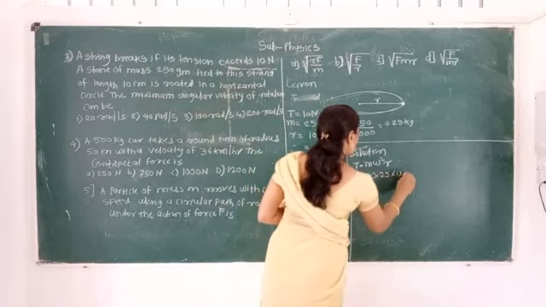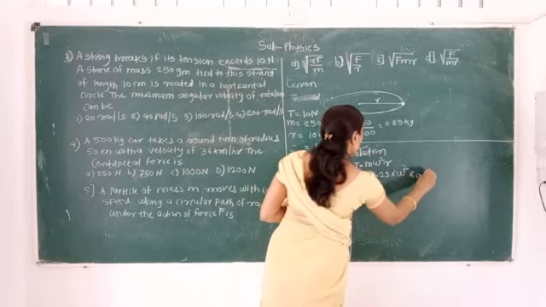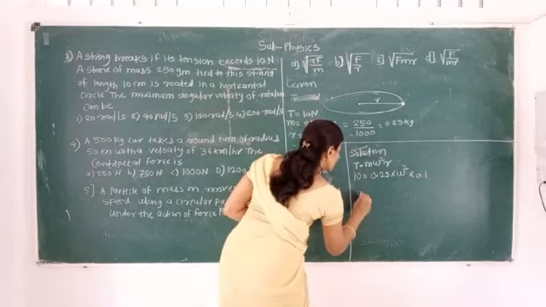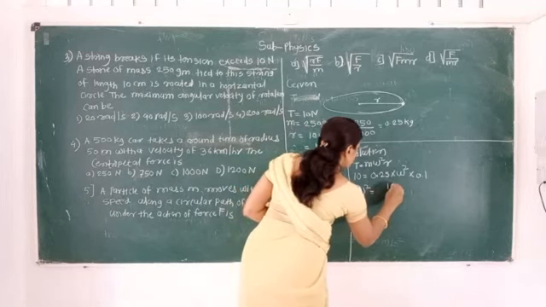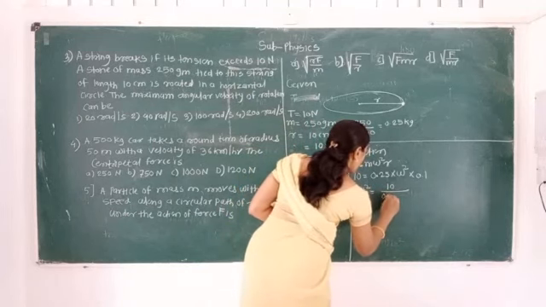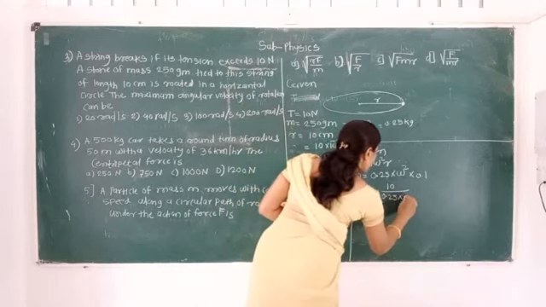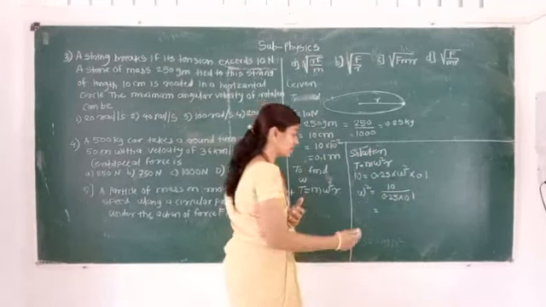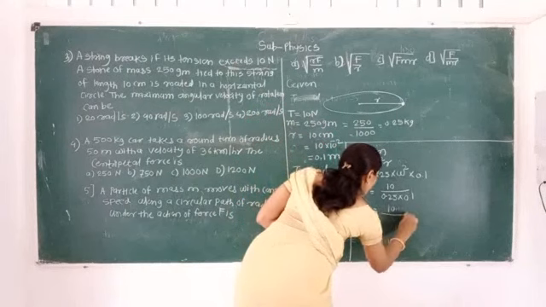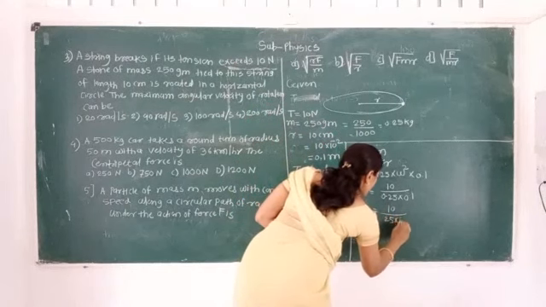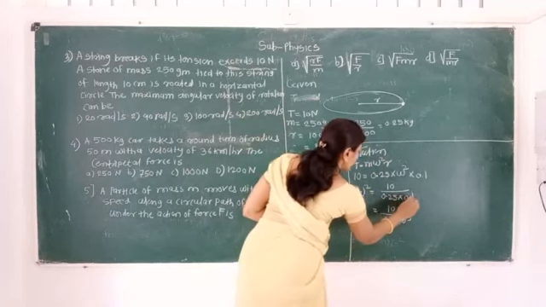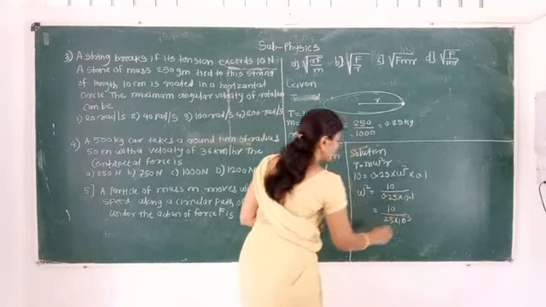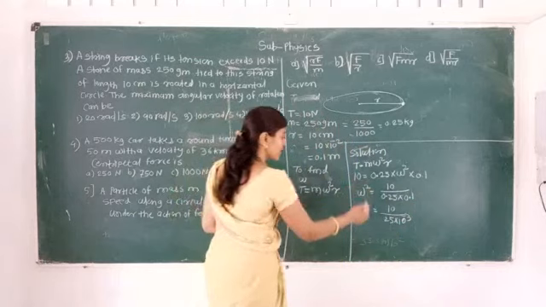10 is equal to 0.25 into omega square into 0.1. Here we want to find omega square. Omega square is equal to 10 divided by 0.25 multiplied by 0.1. We can bring them in the order of powers of ten. So 10 divided by 25 into 10 raised to minus 2. Here the decimal point is at 2 places and this is 1. This is 0.25 multiplied by 0.1, so we are making it easy.